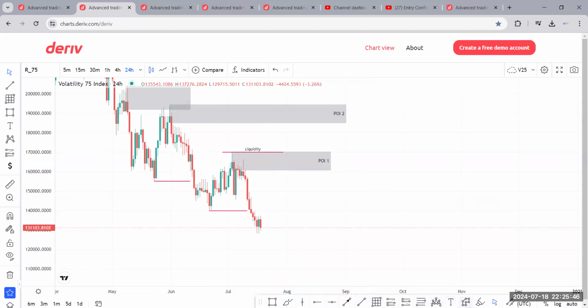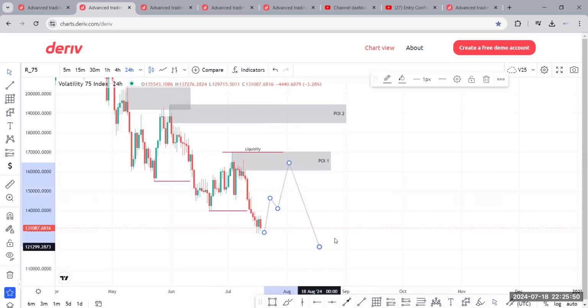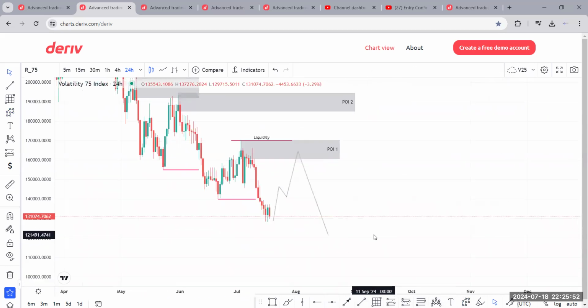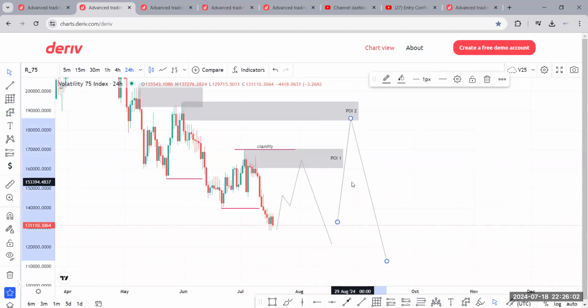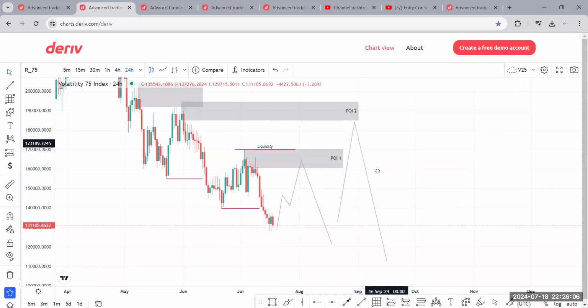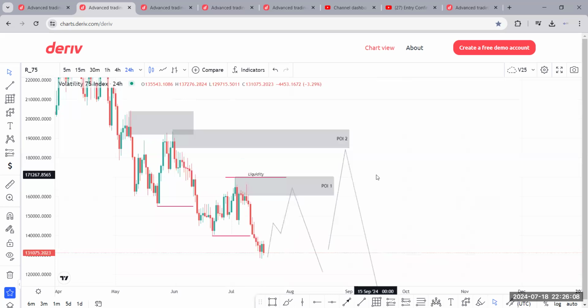So I would have loved to see price give us that push. Then I'm going to love to sell from that zone. If price decides to pull back deeply, that is what we should be expecting.